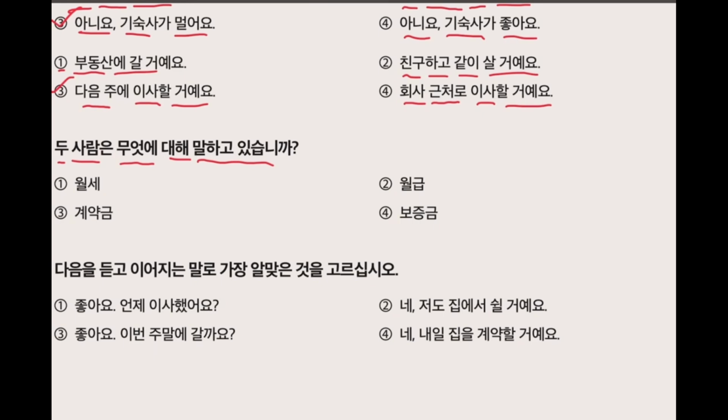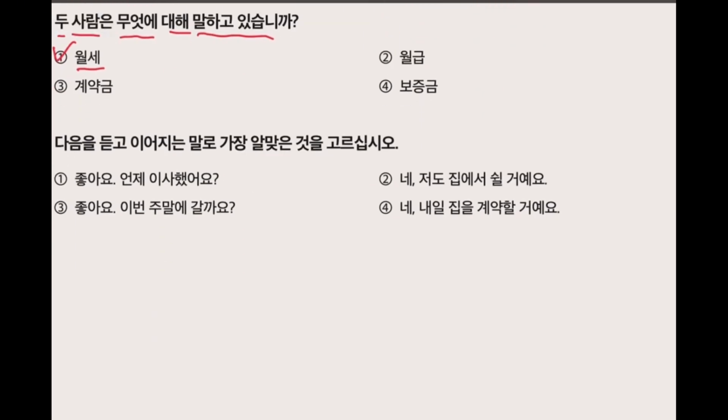This one room, 1 month, what is the rent? 한 달에 50만 원이에요. 1 month 50만 원. The monthly rent is 500,000 Korean won. So our answer is 월세 because 월세 is monthly rent.